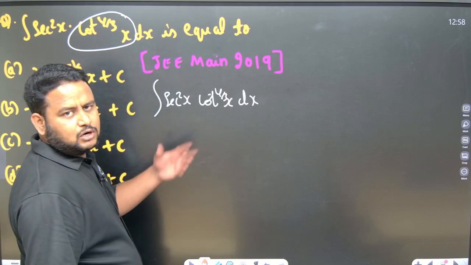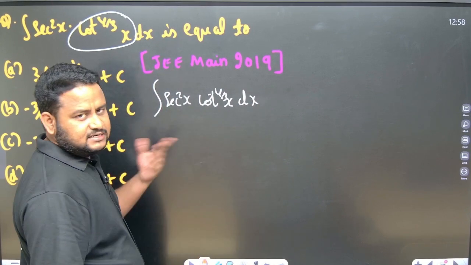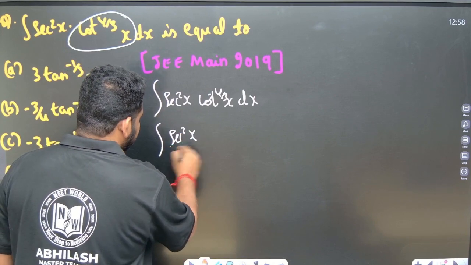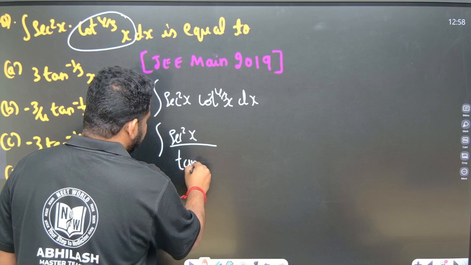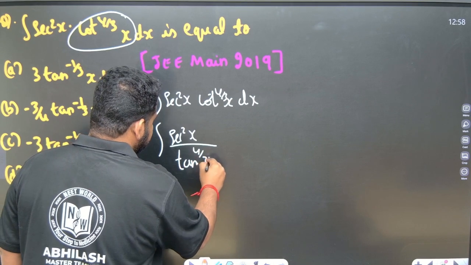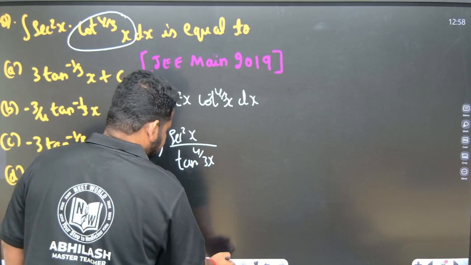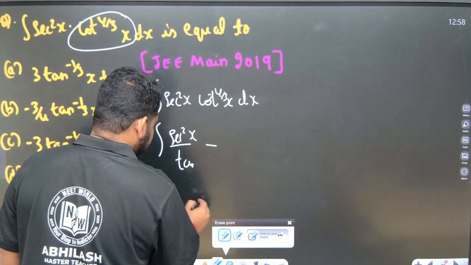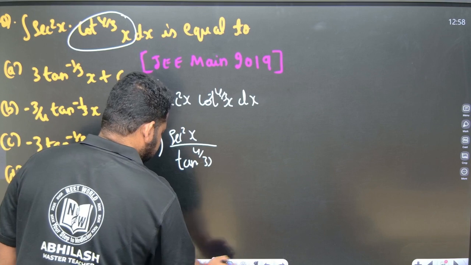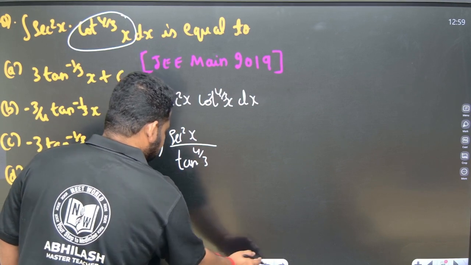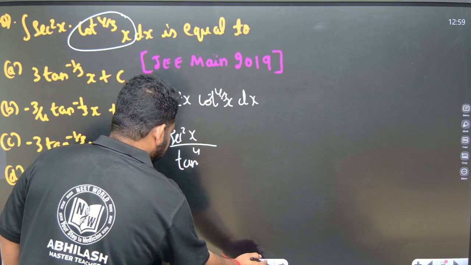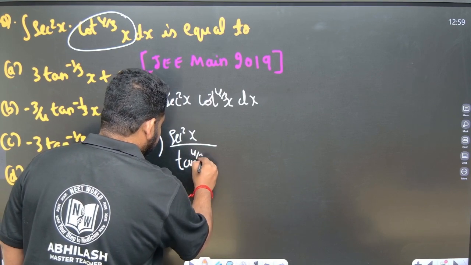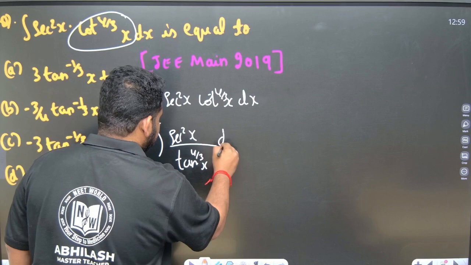Now, I can convert cot to tan because secant and tan are related to each other. So, I can write it as integral of secant square x by tan to the power of 4 by 3 x dx.